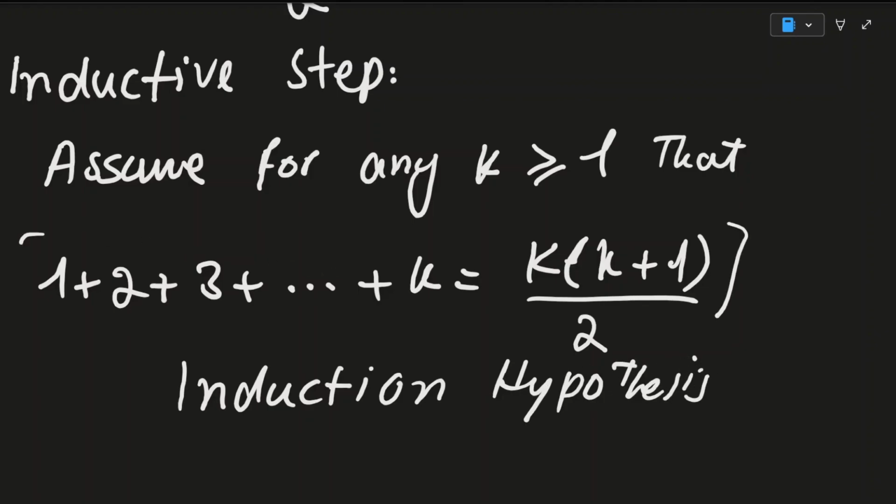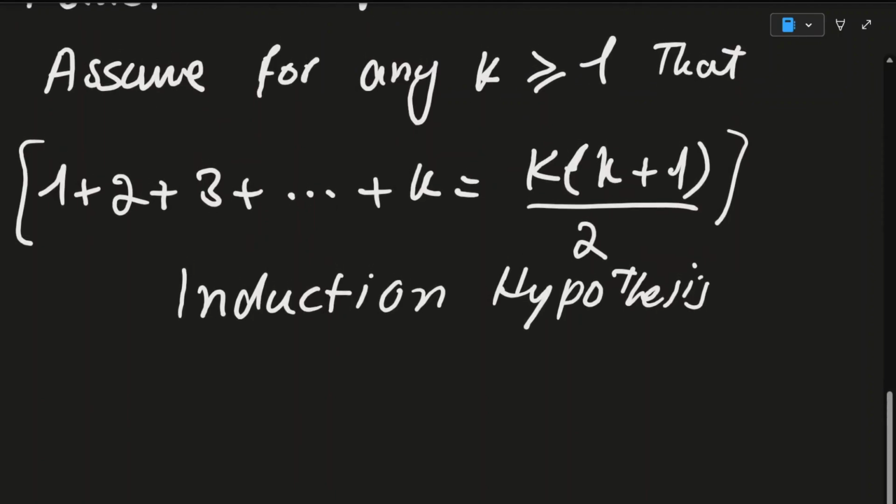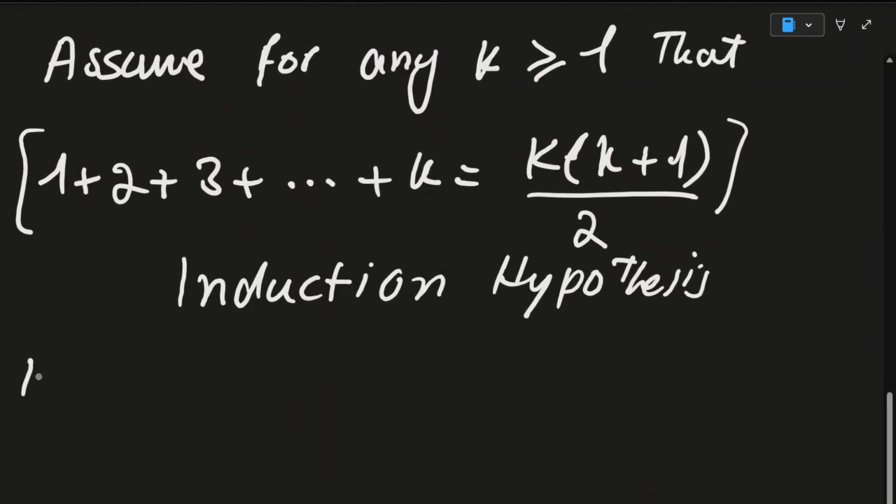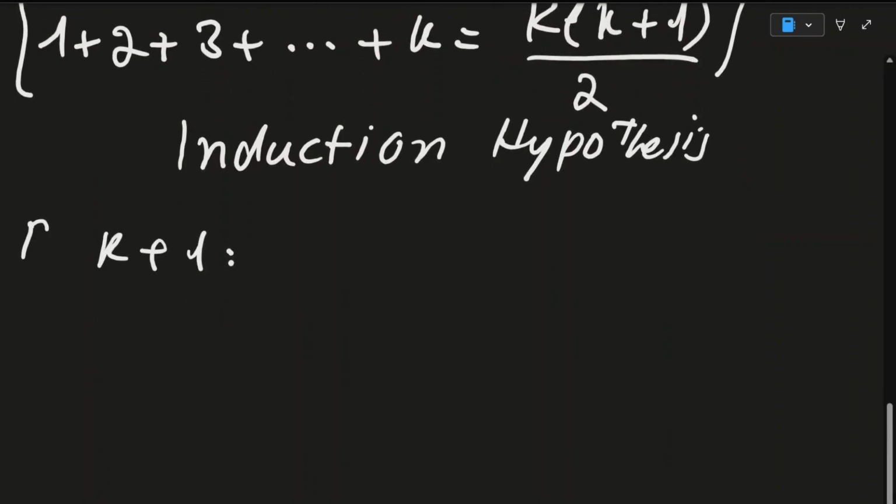Now we assumed that this is okay for k, and now we will check it: if our inductive hypothesis is correct, then it also must be correct for the next number, that is k plus 1. We will check it for k plus 1.